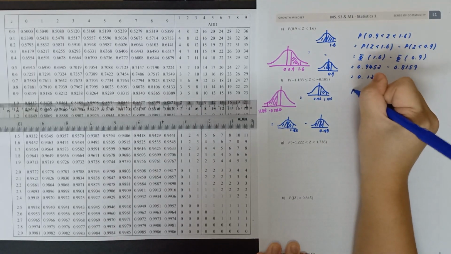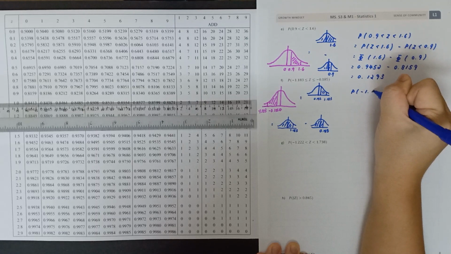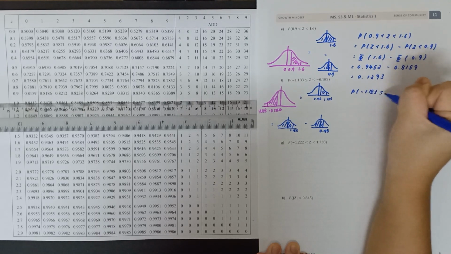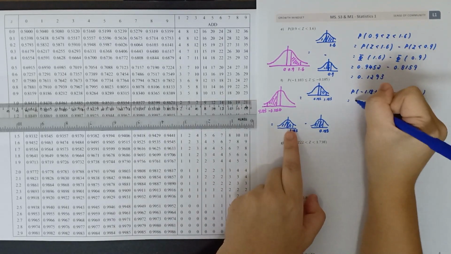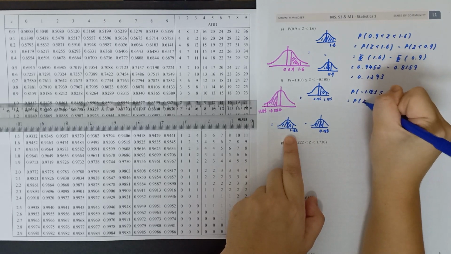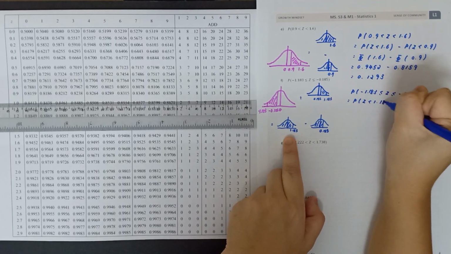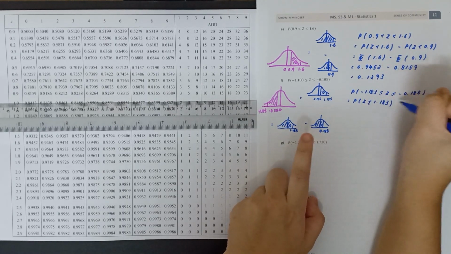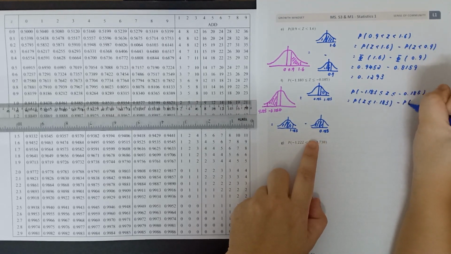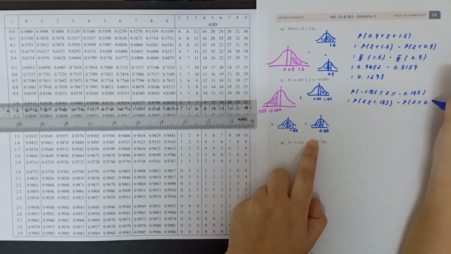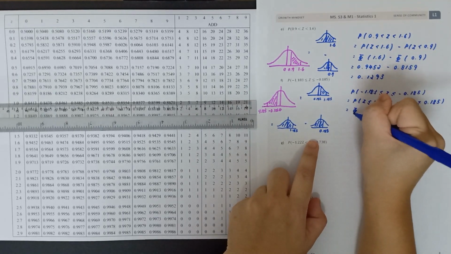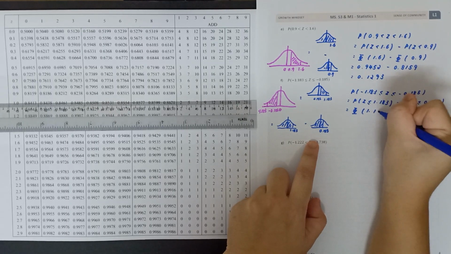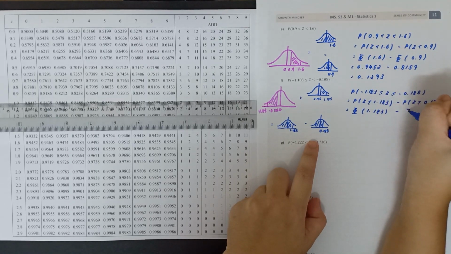So probability of negative 1.183 less than Z less than negative 0.185 is going to be equal to probability Z smaller than 1.183, minus P of Z smaller than 0.185. If you want to put this also can, if not, it's totally fine. So it will be equal to phi of 1.183 minus phi of 0.185.